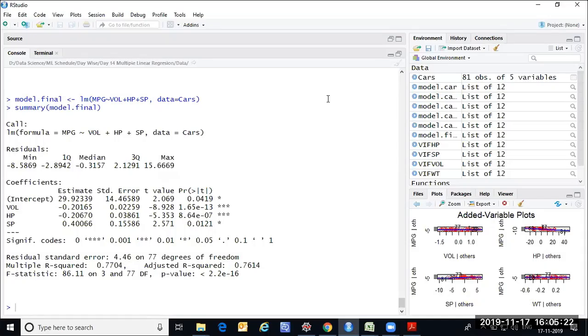All the coefficients are significant. How about the overall model significance? Even the overall model level p-value is lesser than your significance level, so the entire model result is also significant. But the accuracy is not that good, 77.